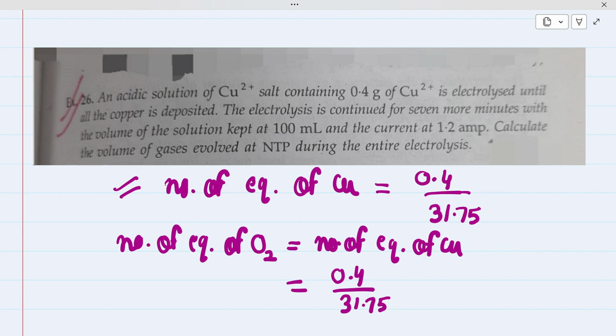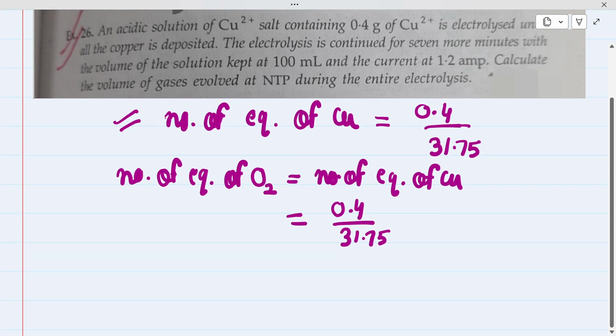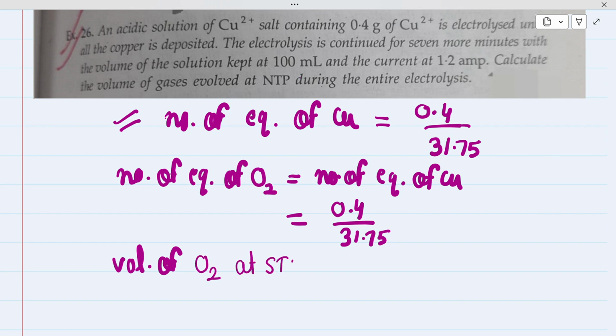We can calculate the volume of O2 at STP. We know how many equivalents there are: 0.4 upon 31.75 equivalents of O2.